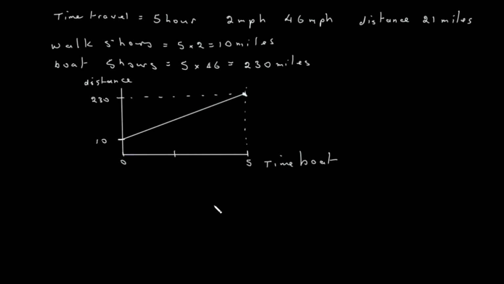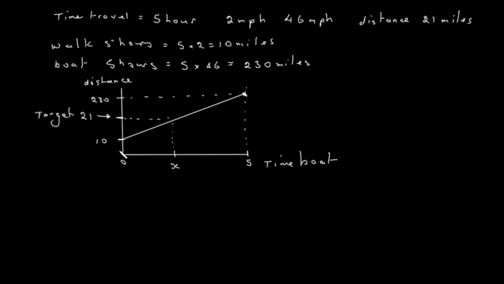Believe me, it does. We have a target. Let's come up here and across. That is the target distance of 21 miles. That will give me the amount of time spent in the boat. The rest of the time will be walking.